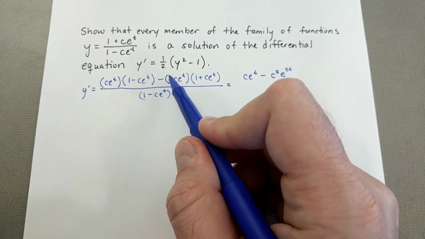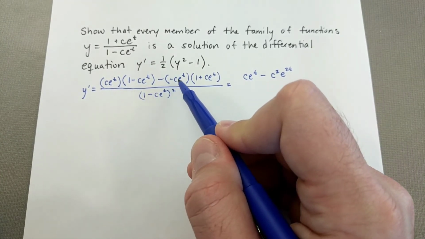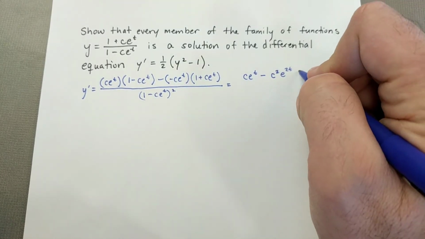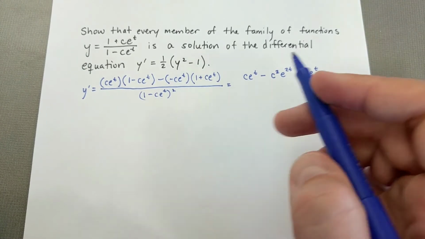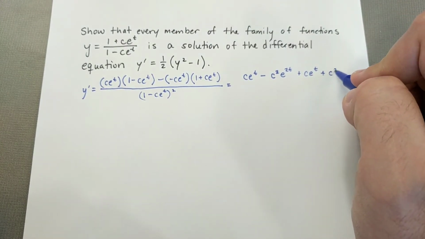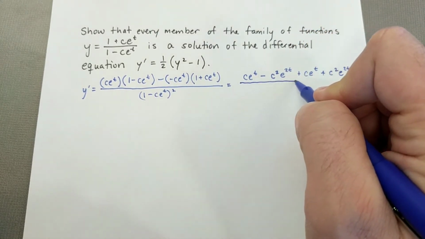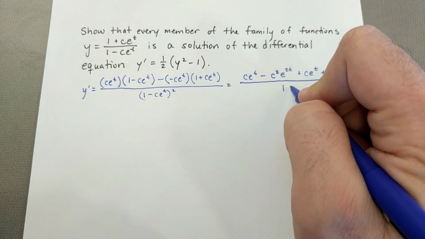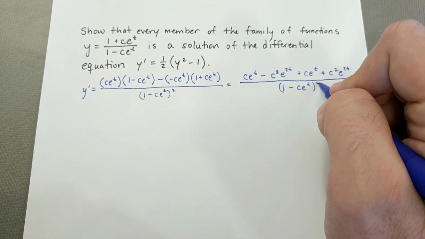And then now I'm going to distribute this, so since it's negative, it's actually going to end up distributing a positive c e to the t, so it's positive c e to the t, and then positive c squared e to the 2t, all over 1 minus c e to the t squared.